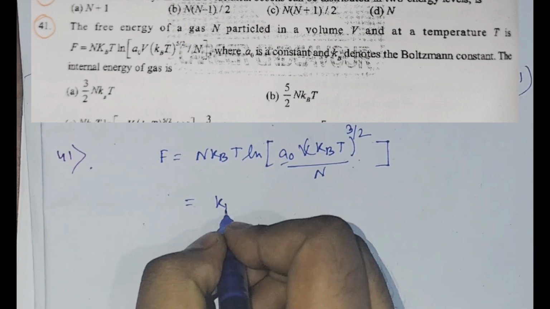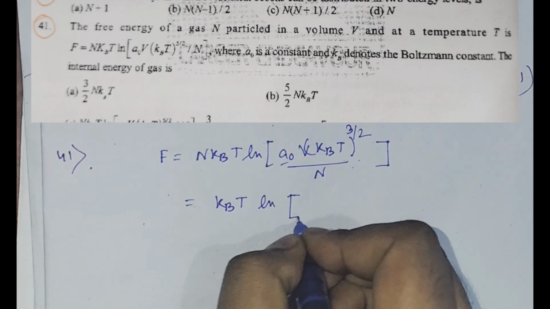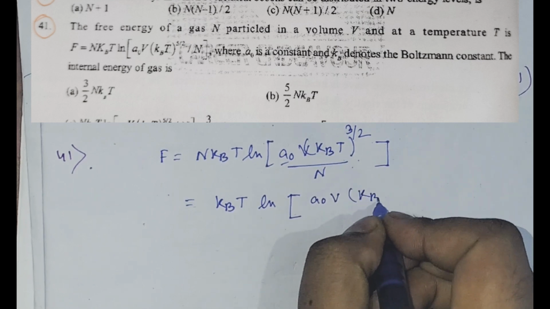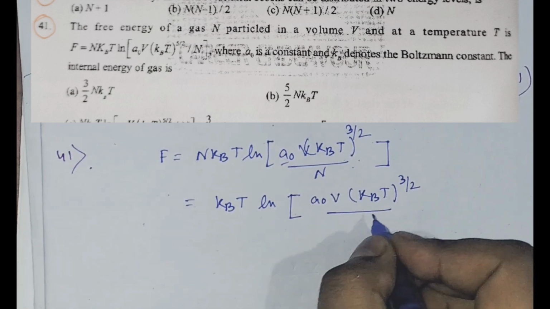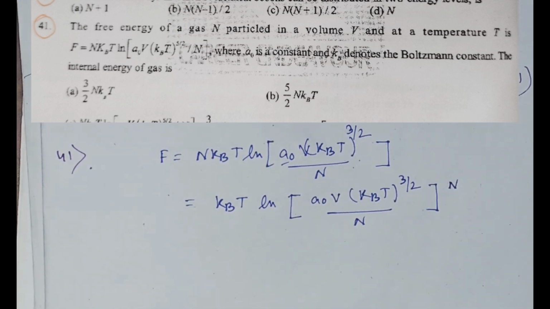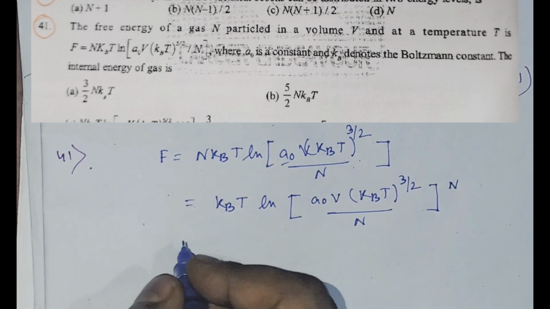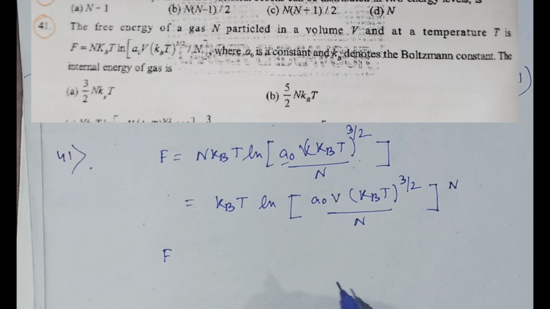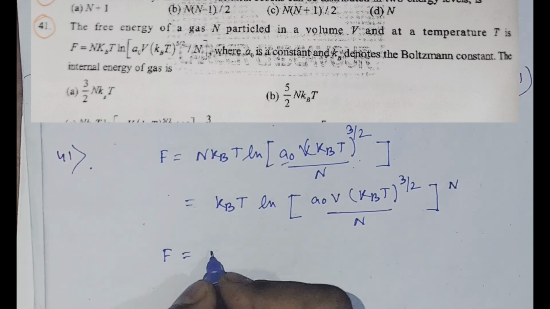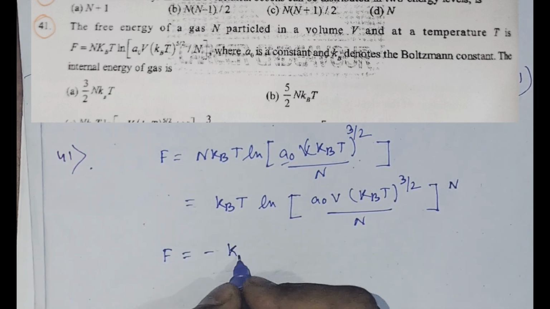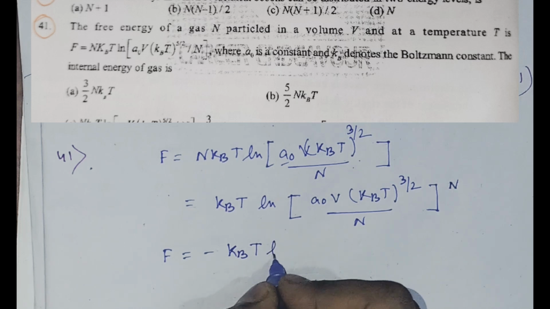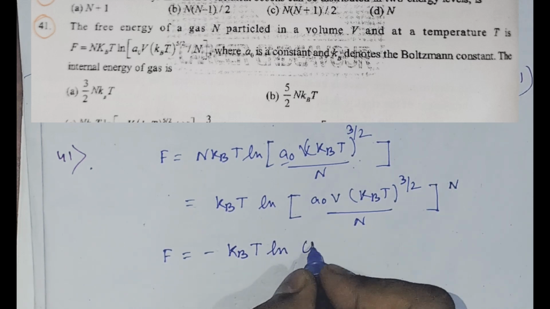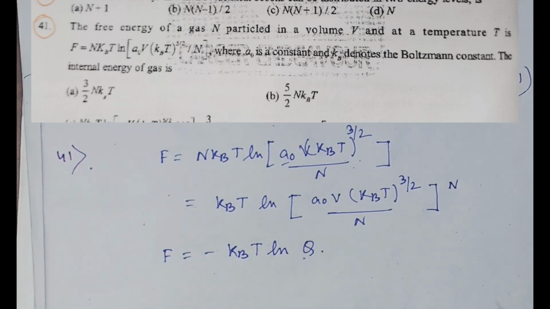You can write it as kBT ln of A0 V (kBT) to the power 3 by 2 over n, the whole times n. And also you know from the statistical mechanics lecture that F equal to minus kBT ln Q, and this Q is called the partition function.